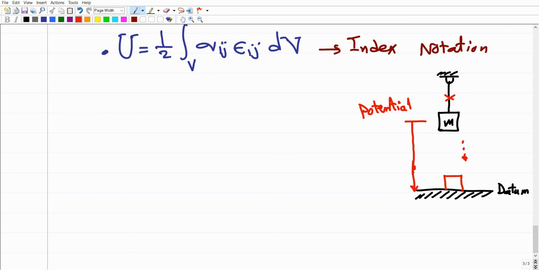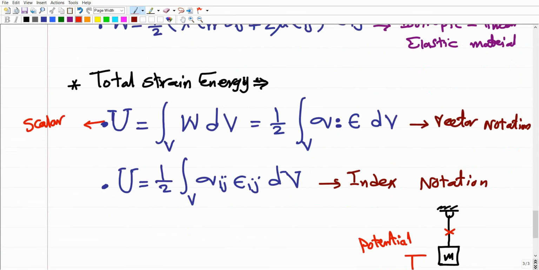So again, the strain energy is one of the forms of these potential energies. Any object would have multiple potentials, so to calculate the total potential energy, we have to sum all of these different potentials. Some of these potentials would be external, not necessarily internal.